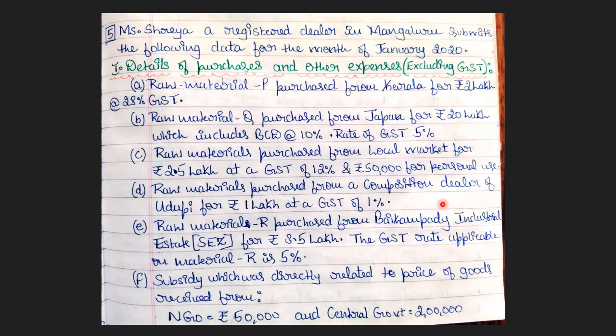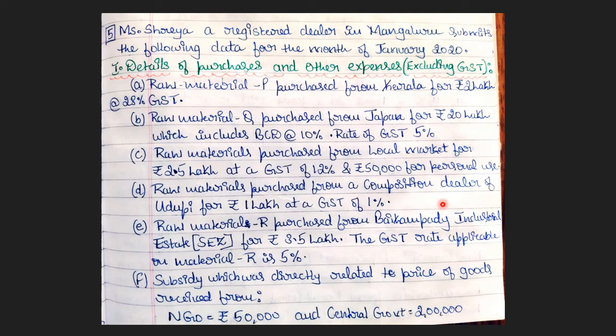In the first part of the problem, I have already explained the items on which input tax credit is available. Whenever a purchase of goods or services is made, the registered dealer who makes such purchases is allowed input tax credit. So there are a few raw materials which are purchased by Shreya.